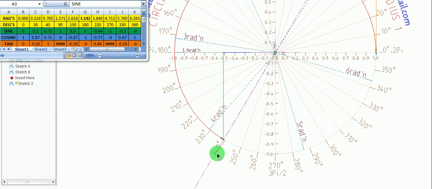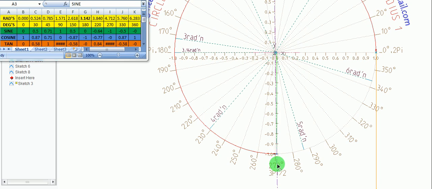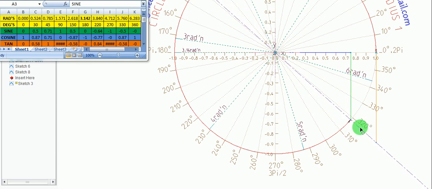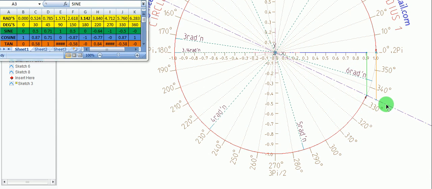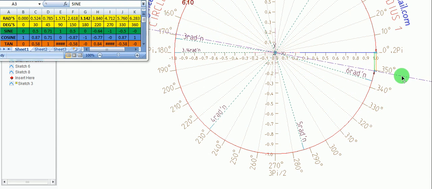And at 270 degrees, its length has reached 0 value. When we cross 270 degrees, the cosine length will again go on increasing from 0, and at 360 degrees, it will take the value equal to the radius of the circle.